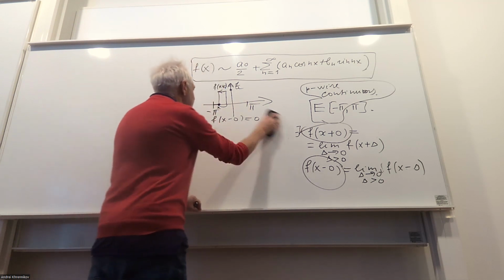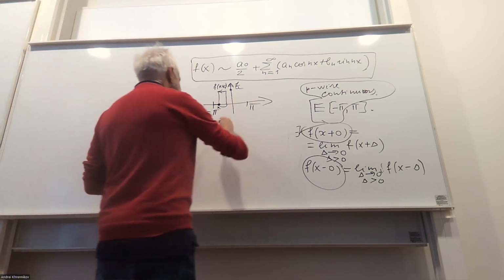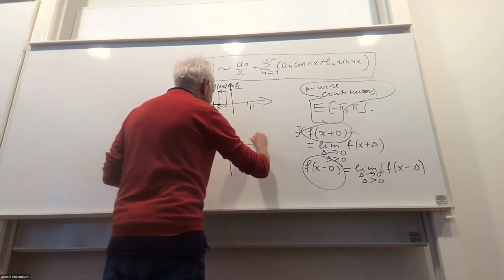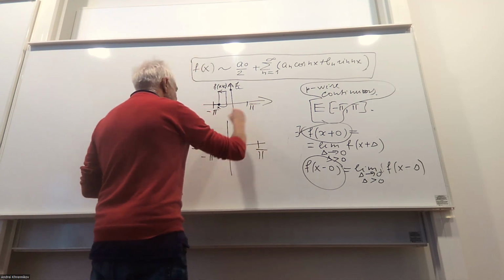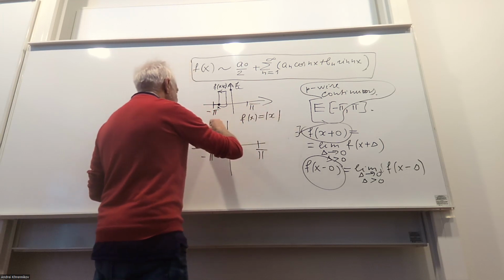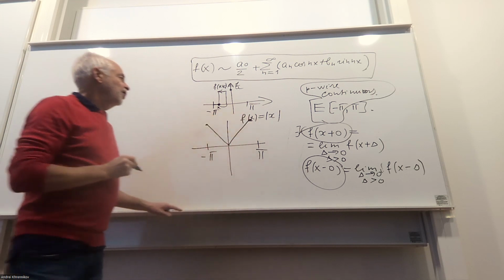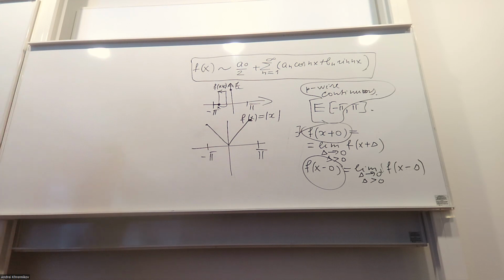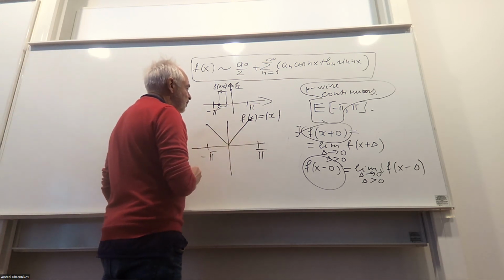Now, what is the main example of such a function? The function can even be continuous. Take the absolute value. So the function is even continuous, so there are no jumps. But if you try to find its derivative from this side, we get +1.